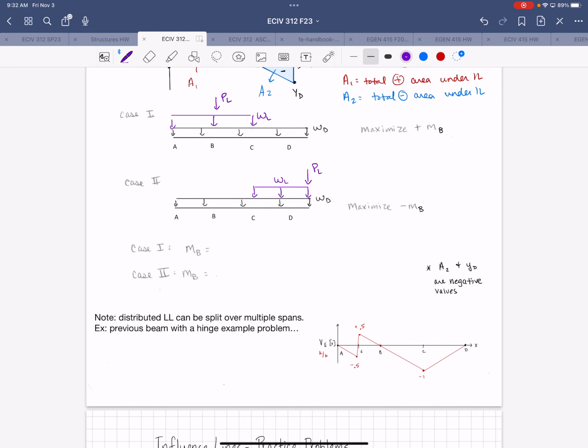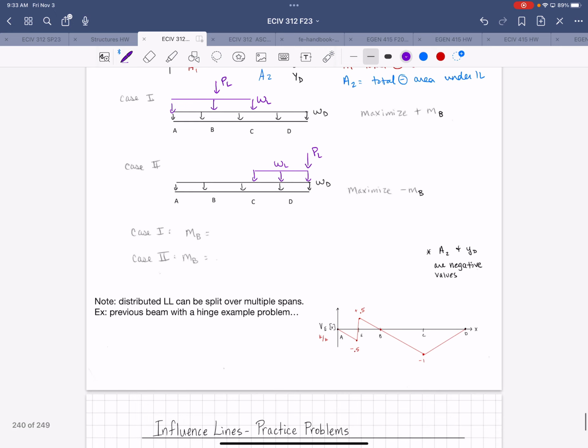And then if we wanted to calculate those values, again, we don't have numbers, but putting it in terms of what we've identified.